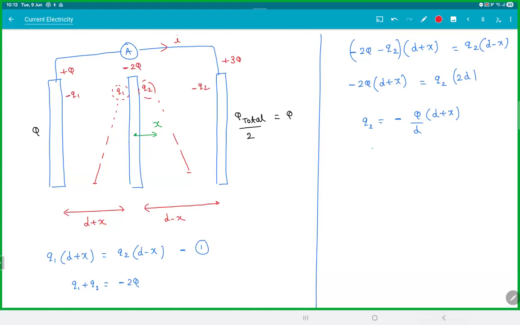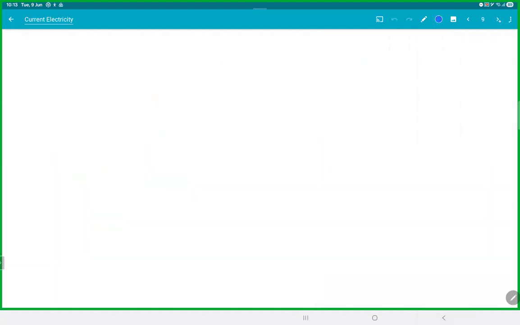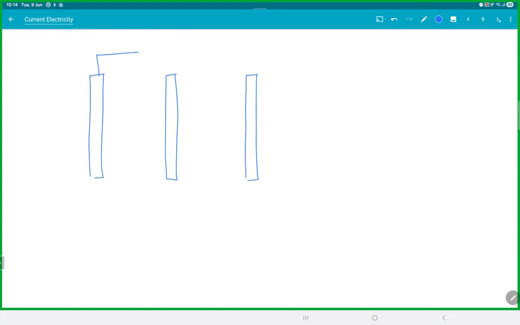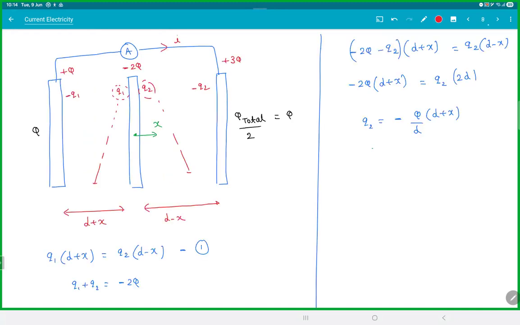Now, once you got this, let's draw the picture again. What are the charges? Outside the charge is q. This was minus q2.